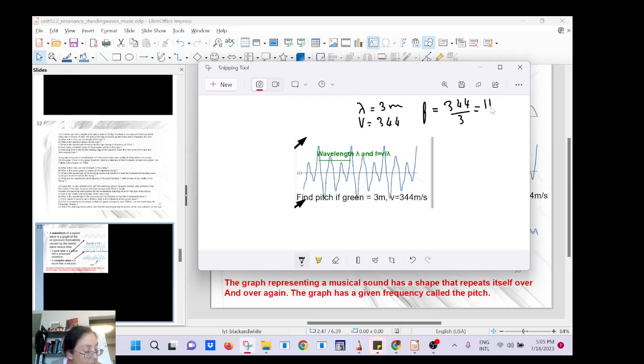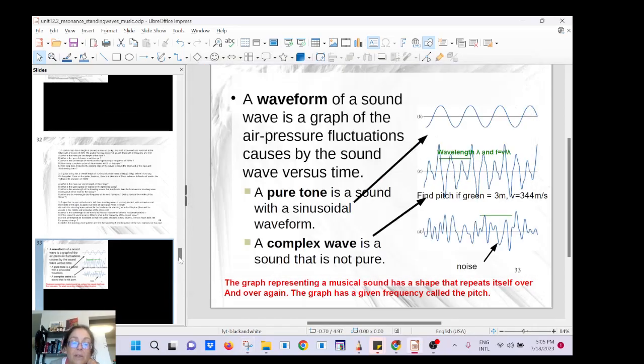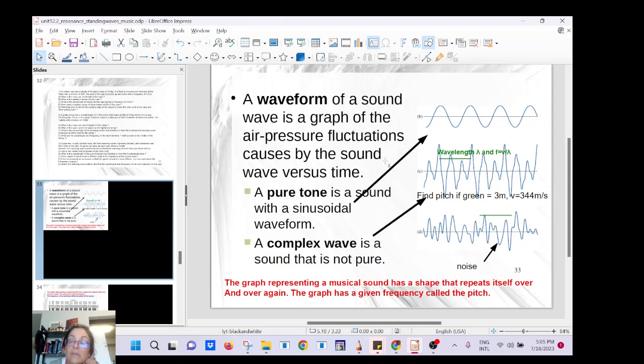So that's going to be 115 hertz. Now, if you play a tuning fork, you get a pure tone, right? So you just have one sine wave. And of course, the number of cycles per second will be the pitch of the tuning fork.